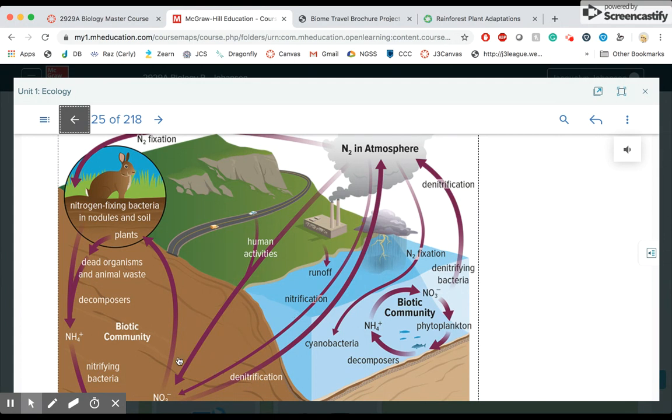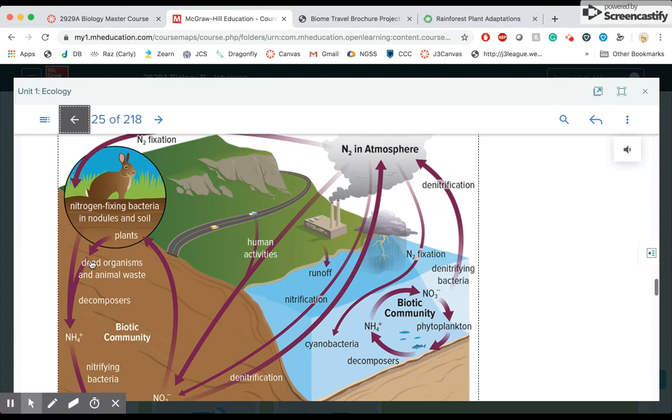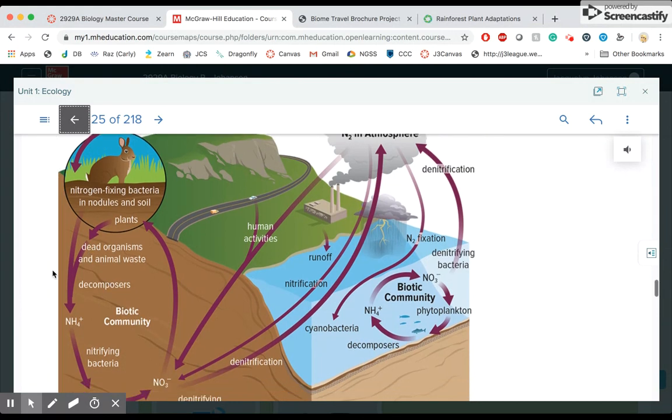So the living parts of the nitrogen cycle are like phytoplankton. You can have, like over here, decomposers. Where's my decomposers? Maybe it doesn't say decomposers. There it is. You can have bacteria, plants, animals.